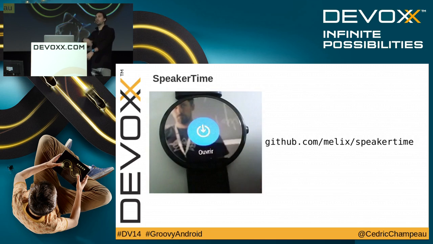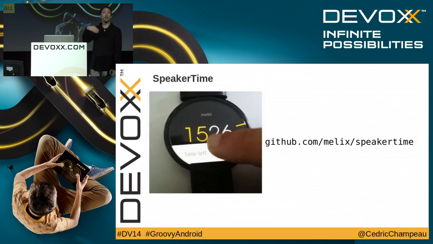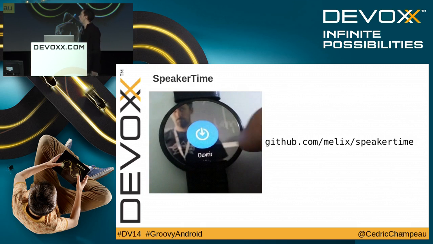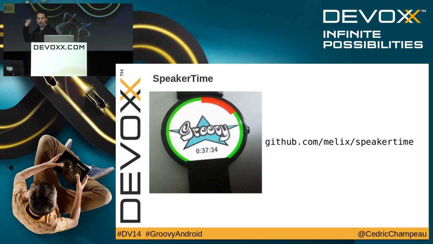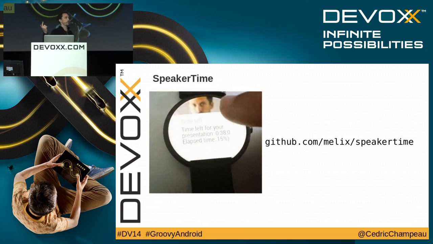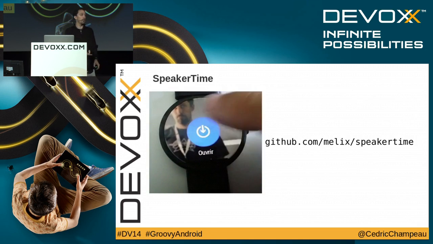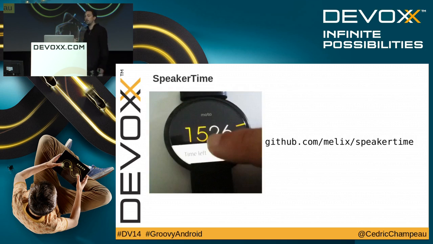It also vibrates on a regular basis, just to tell me, okay, you have to hurry up because you only have 10 minutes left. This application is written in Groovy, and it runs on wearable devices, so it can give you an idea of what you can do.